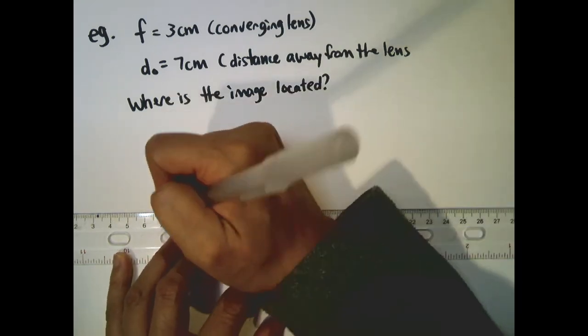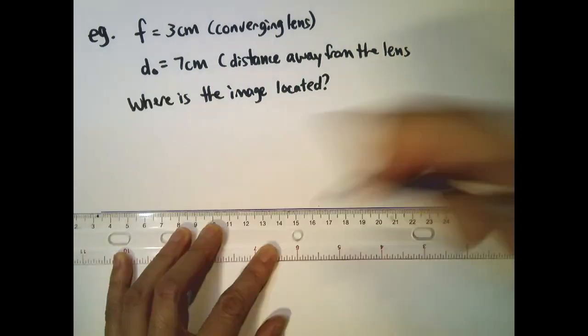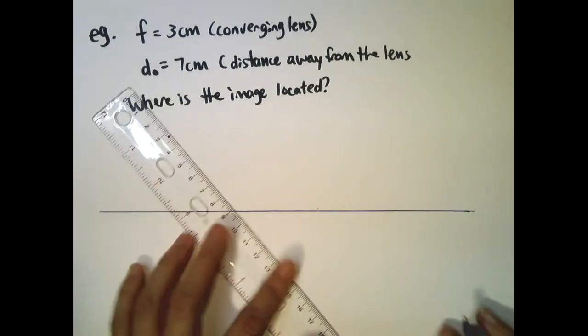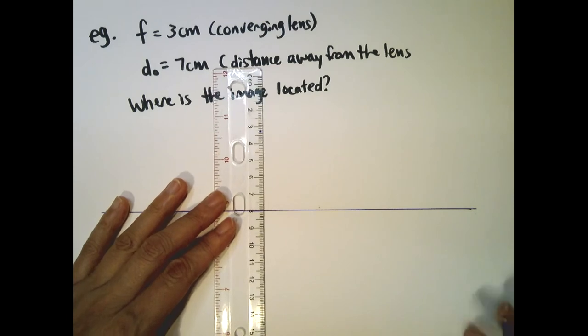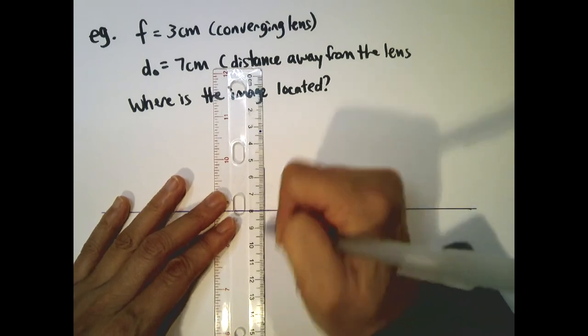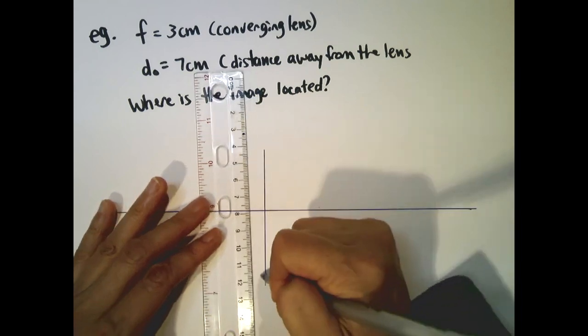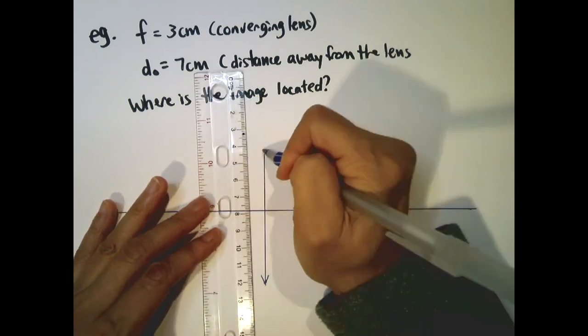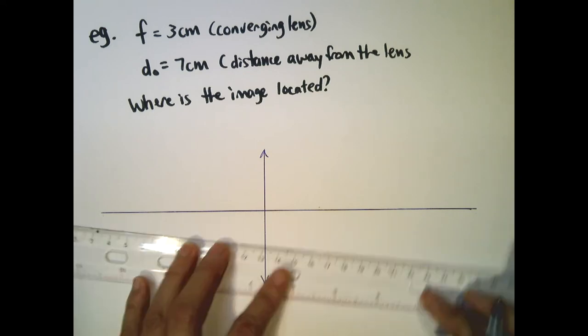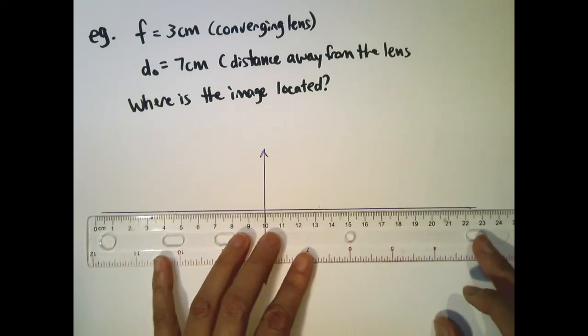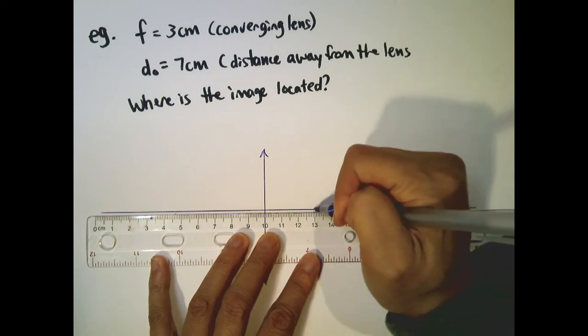Let's draw out our principal axis, and I'm going to draw my lens. Remember, this is a converging lens, so it's going to look like this, the scientific symbol. It has a focus of 3 centimeters.